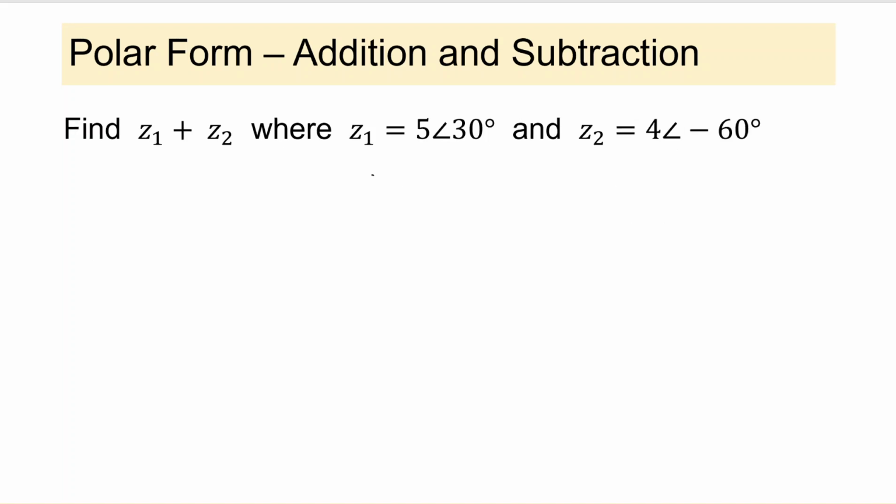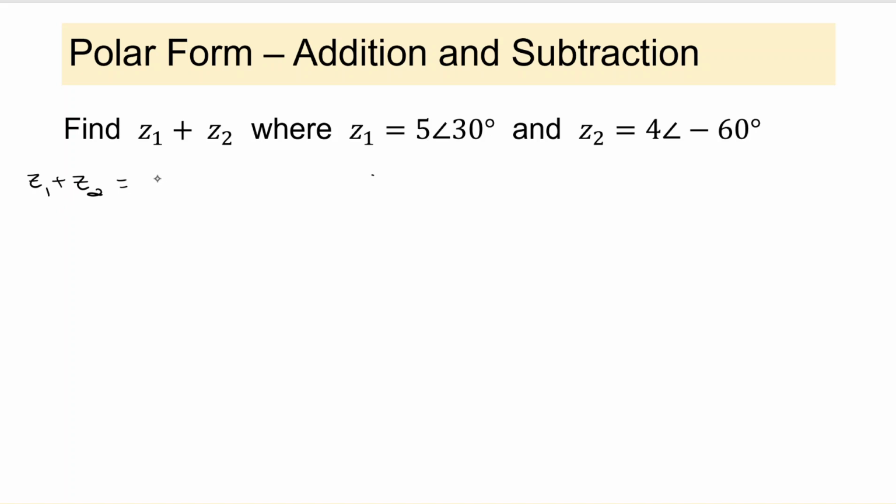So I want to add together Z1 and Z2, both expressed in polar form. In order to convert into rectangular form, you could either say A equals R cosine theta and find your A, and then B equals R sine theta and find your B, or I'm just going to write it in basically trig form, which will get us to our rectangular form. So Z1 plus Z2. I'll rewrite Z1 in trig form.